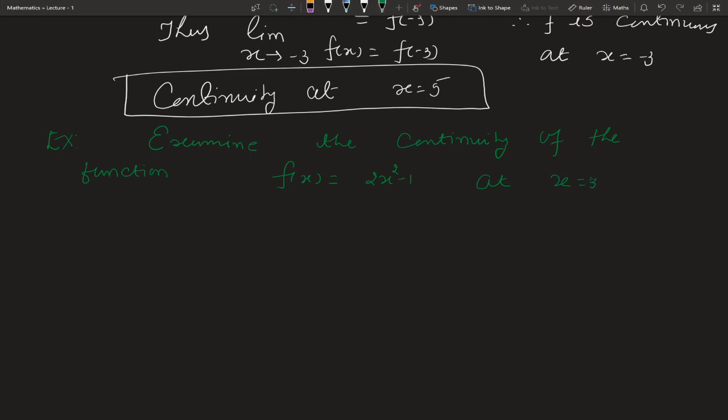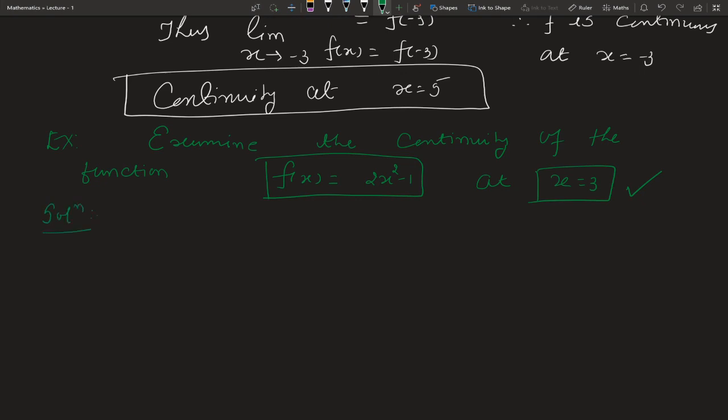So we have been given the instruction that we have to check the continuity at x equal to 3. The function is already given, and the point at which we have to check the continuity is given. The function is a polynomial function.